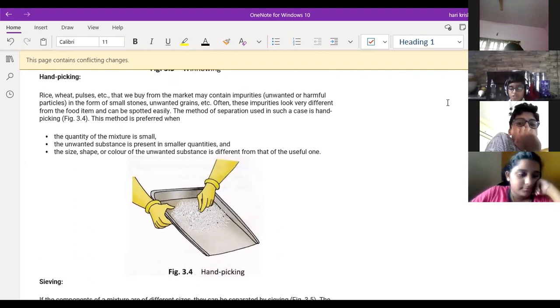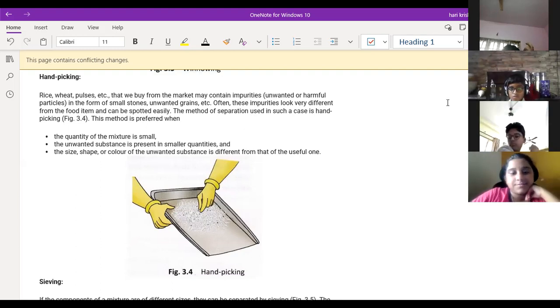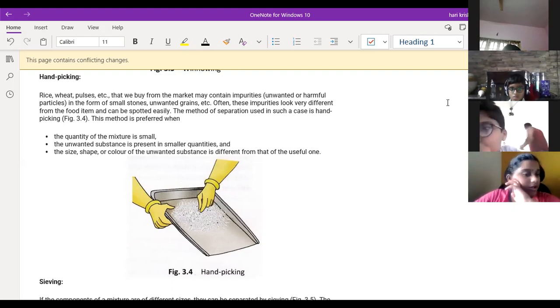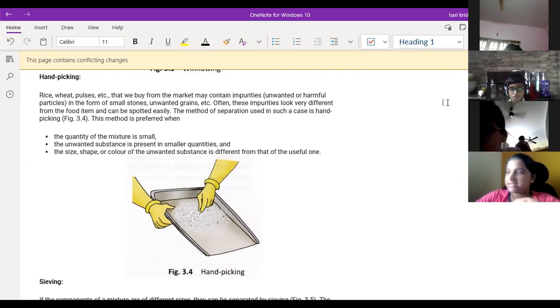Sir, separation of rocks from the rice. Sir, he said separation of the rocks from the grains. Okay. Next. Sir, sometimes even some small unwanted particles will also be present in the grains, sir.